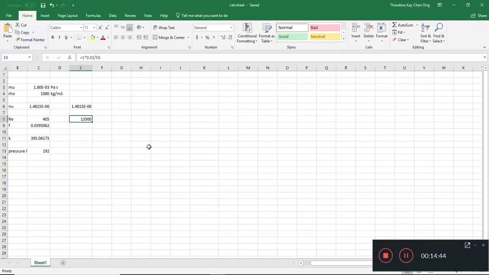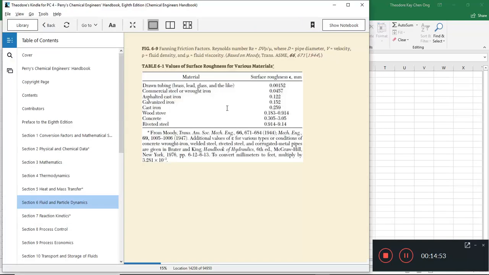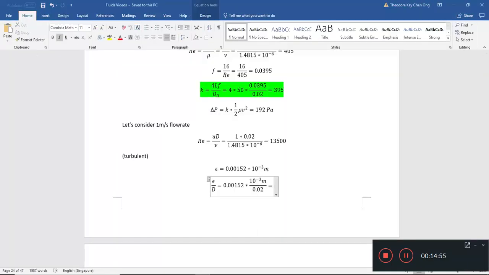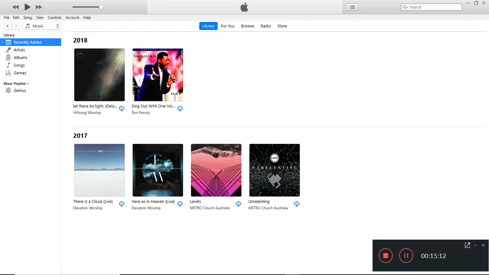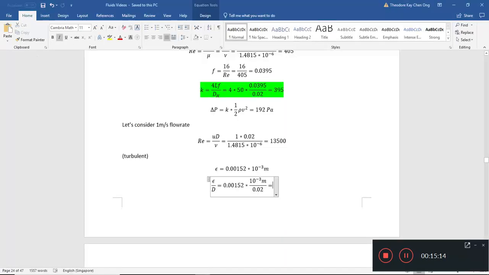We need to calculate this ratio first: epsilon divided by d, which is 0.00152 times 10 to the minus 3 divided by 0.02. This is the number we get, 0.0000, that's 4 zeros there, 4076.